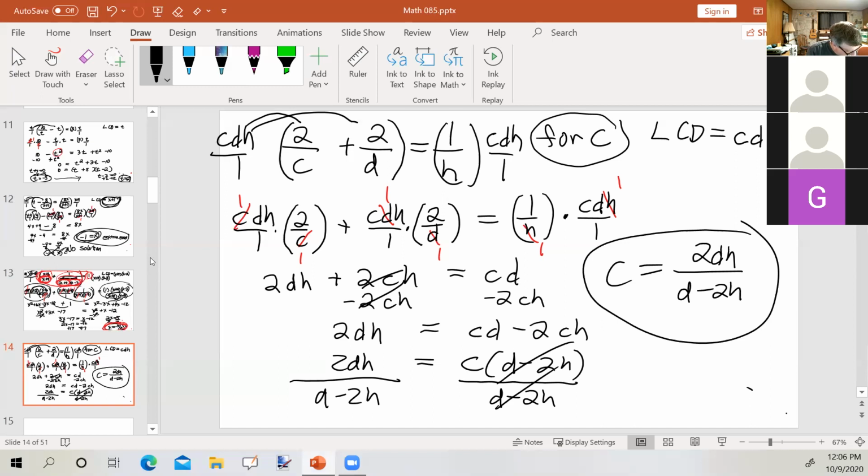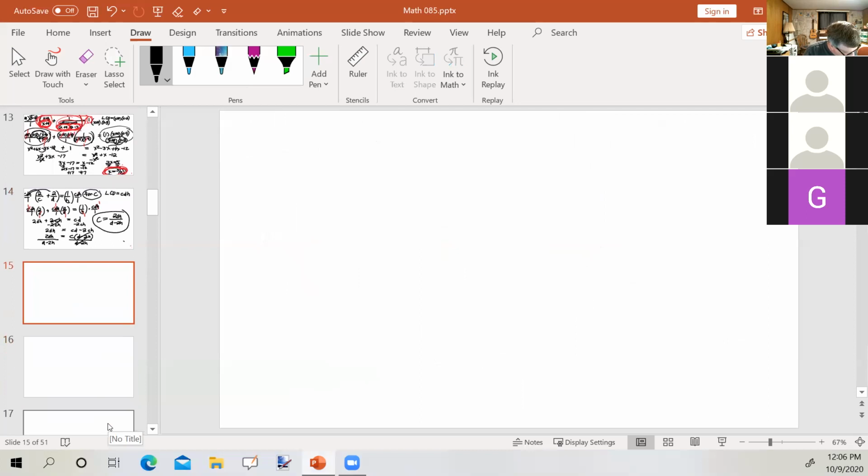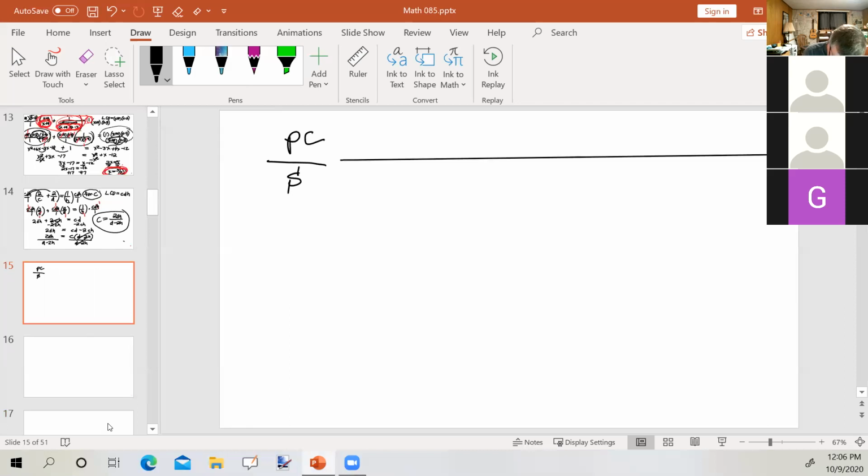Let's see here. Here's another problem that says solve for C, but it's different. So PC over S equals T over R, and we are to solve for C. All right.